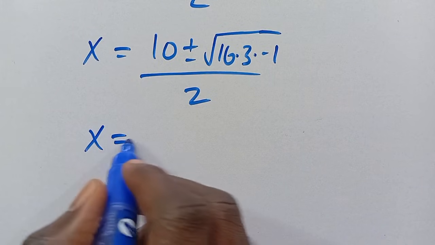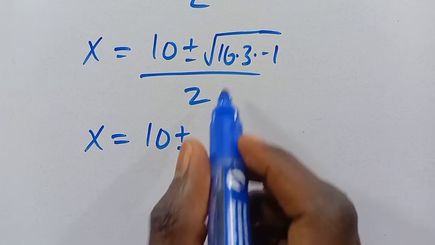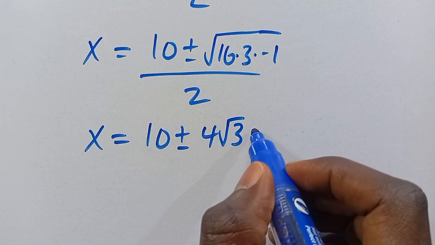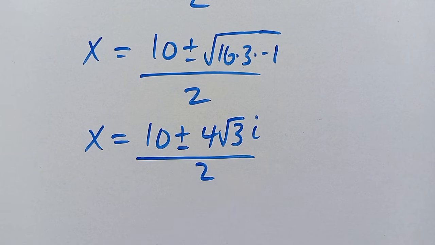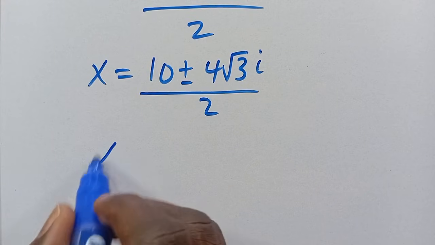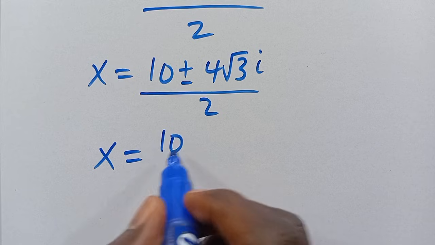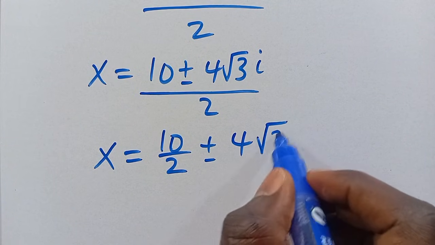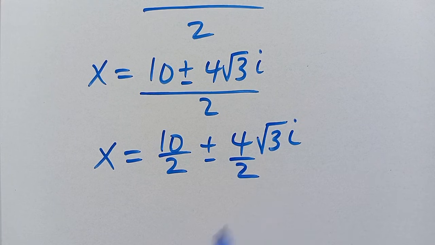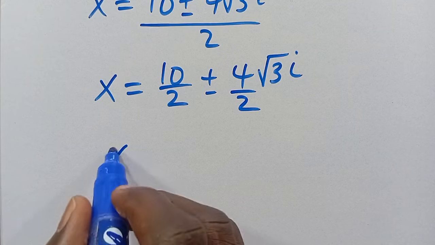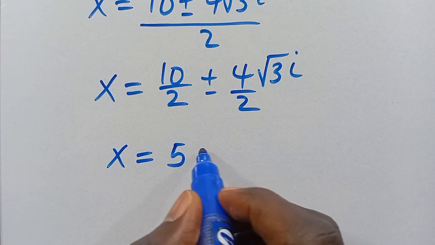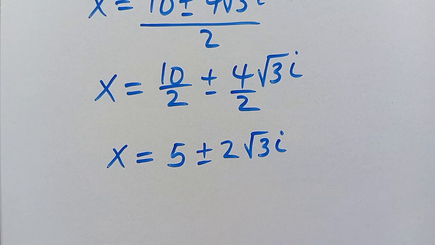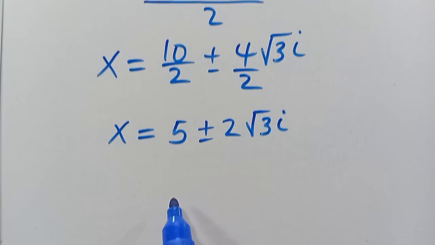Root of 16 will give us 4, multiplied by root 3. Root of minus 1 will give us i, divided by 2. So from here we have x equals 10 divided by 2, positive or negative 4 root 3i divided by 2. We have x equals 5 positive or negative 2 root 3i to be the complex solution.